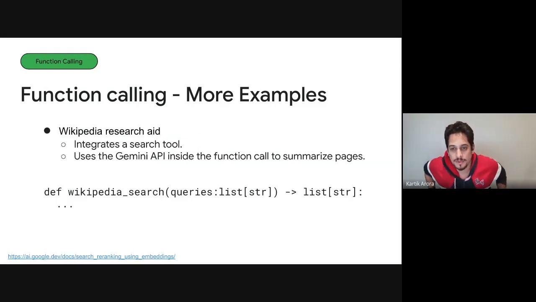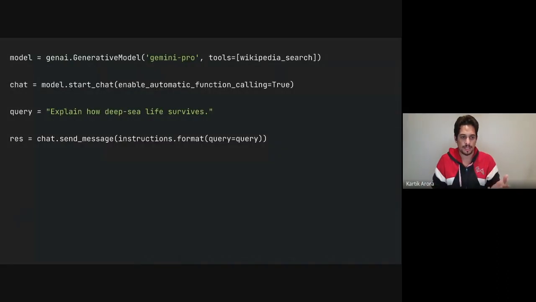As another example, I don't have a lot of code for this, but if you imagine a function which does a Wikipedia search based on a list of queries and then responds with a list of results, you can tell the Gemini model that this is the function I have.